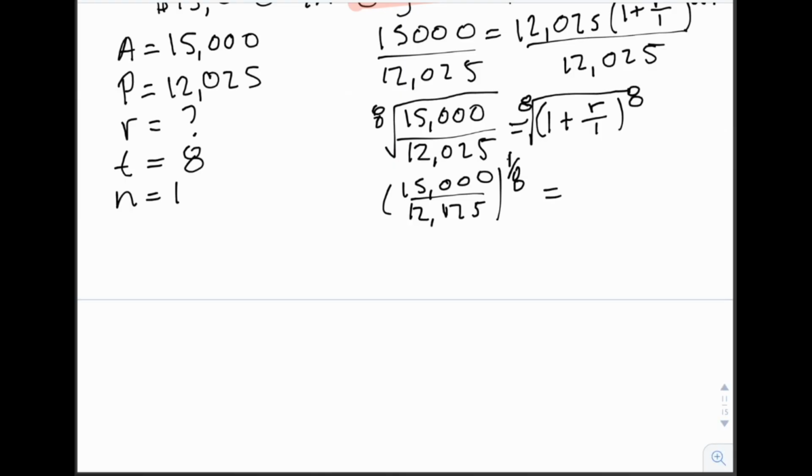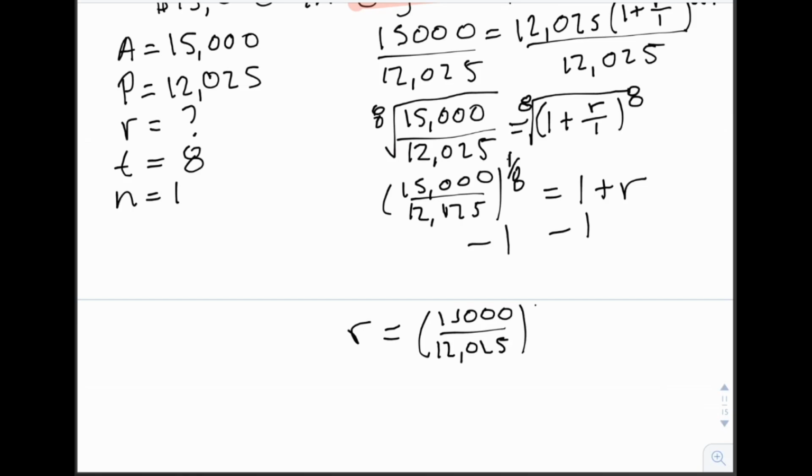So that is going to be equal to 1 plus R. So all we need to do in order to solve for R is go ahead and subtract that 1 off. So subtracting the 1 off, we are left with R is equal to 15,000 divided by the 12,025 to the 1/8 power, and then finally minus a 1.